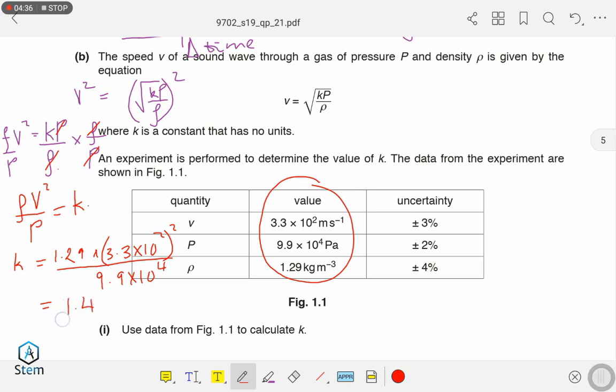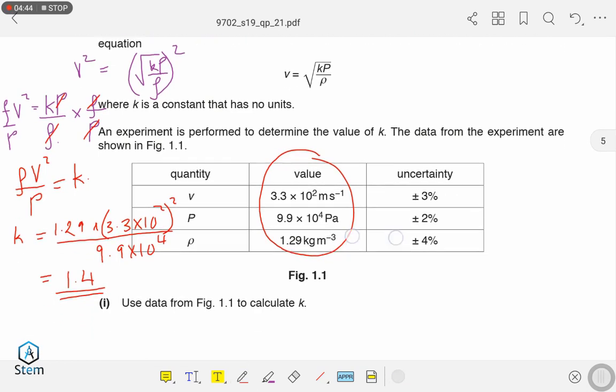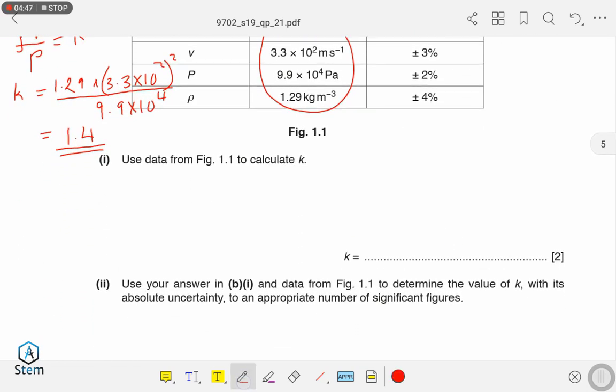1.4, and we have been told that K does not have units, so we don't have to worry about that. So down here we will say 1.4.